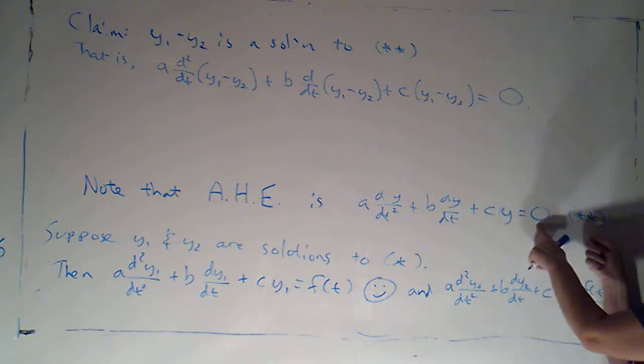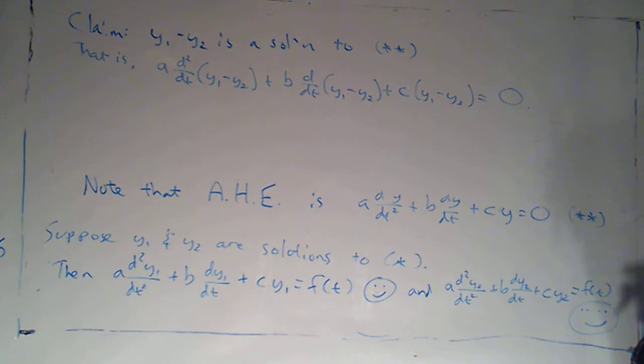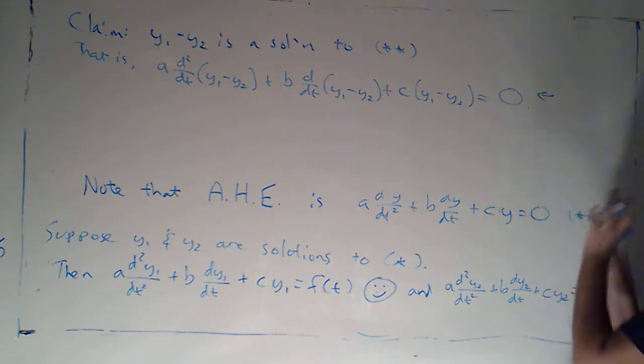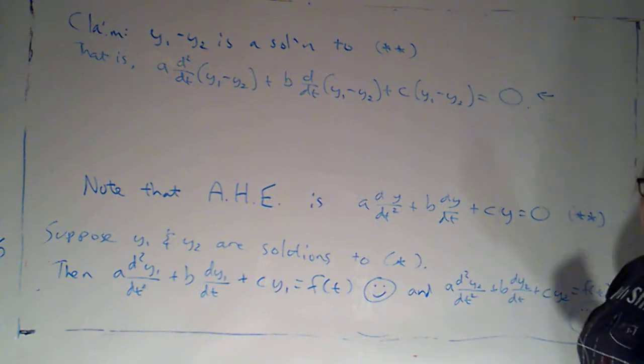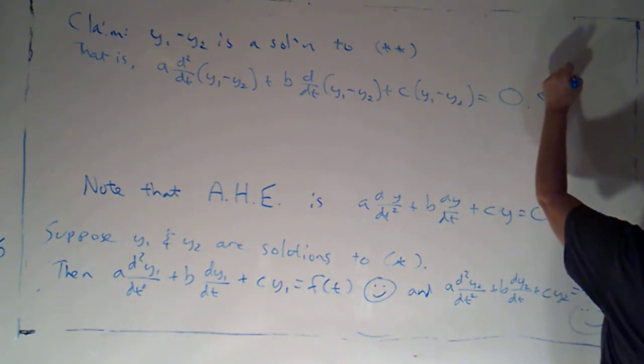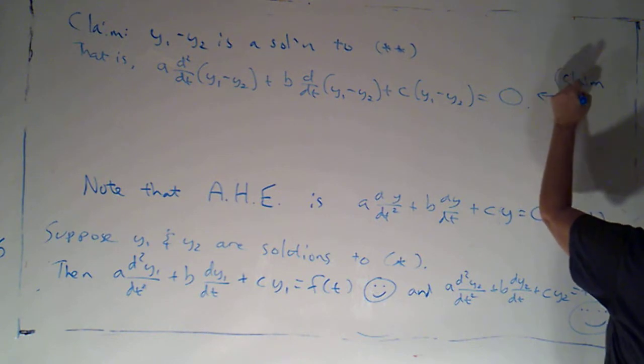Okay, because that's the right-hand side of the associated homogeneous. And this, I'm going to prove that it's true. I'm not stating it's true yet. I'm claiming that's my goal. So I'm just going to identify that this is my claim written as an equation.